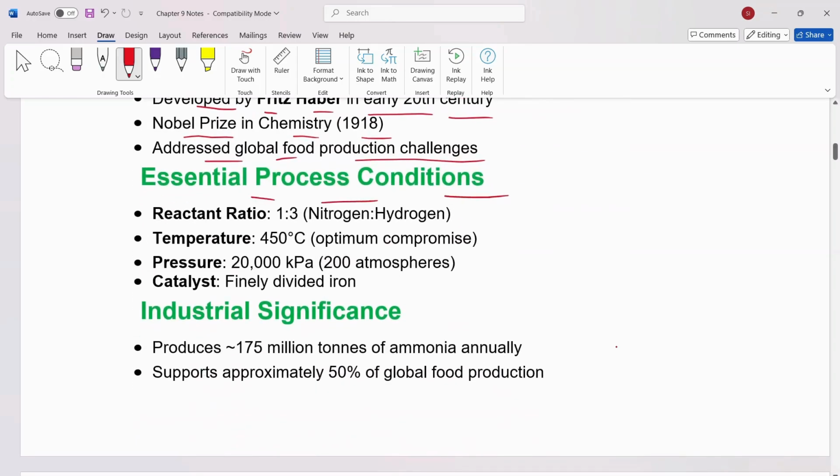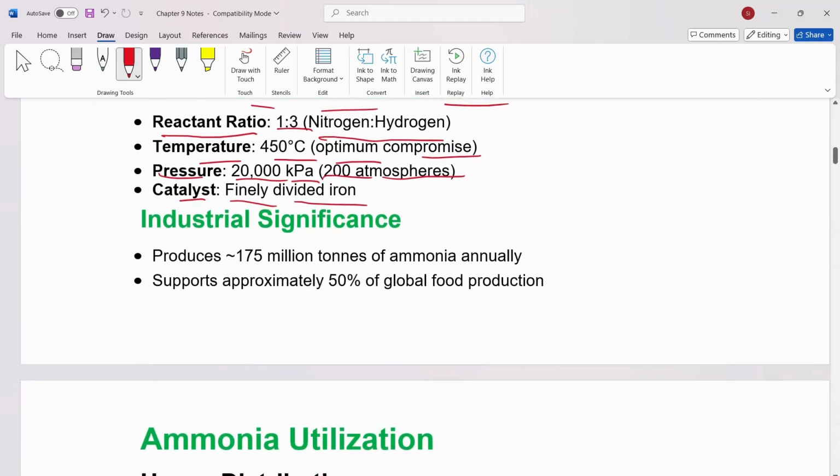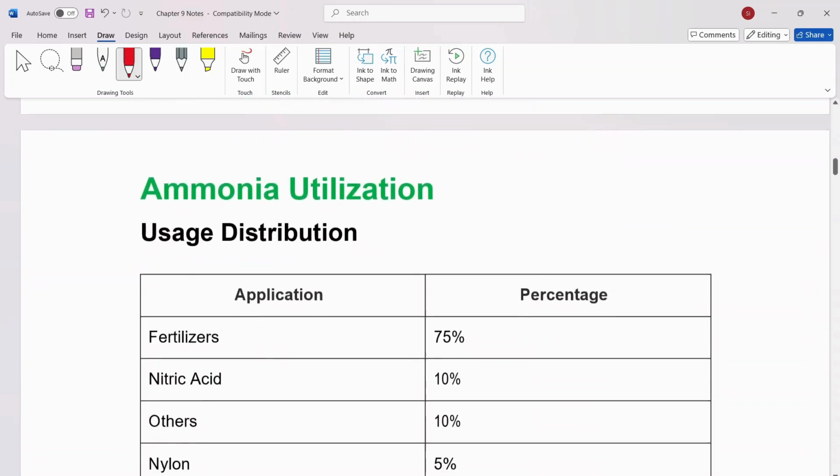Essential process conditions: reactant ratio 1:3 for nitrogen and hydrogen, temperature at 450 degrees centigrade, an optimum compromise, pressure is 20,000 kPa, 200 atmospheres, catalyst finely divided iron.